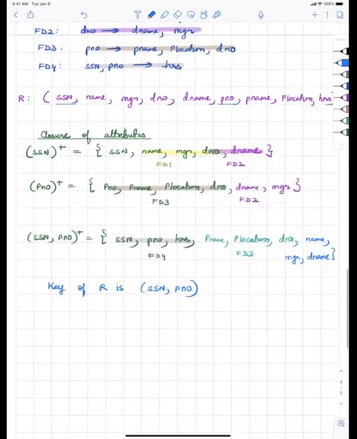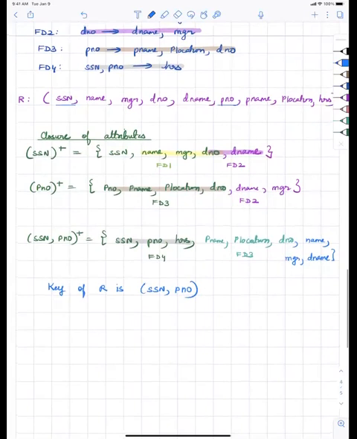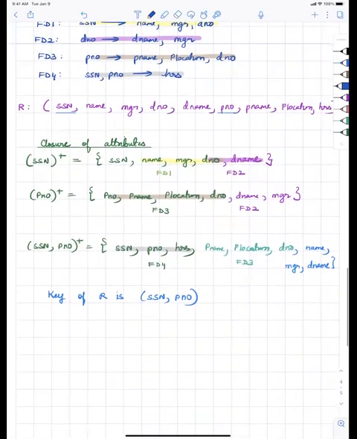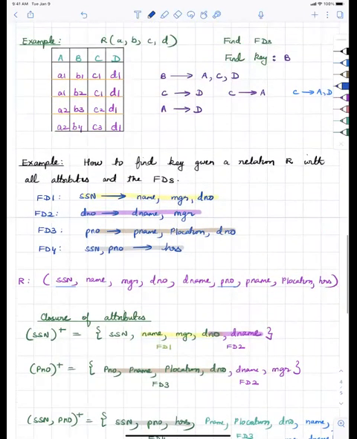Okay, so let's take a look at some examples. Even if you haven't understood, hopefully these next examples will help you understand. Instead of calling this an example, I'll call this a question. Next one.